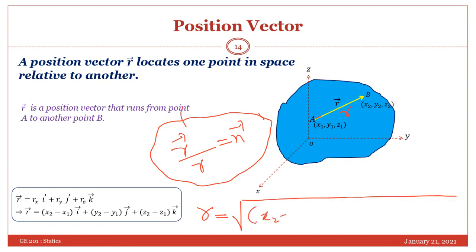You see, R you can calculate by the distance formula. So this is the R. So if you divide this position vector by R, it will convert into a unit vector.